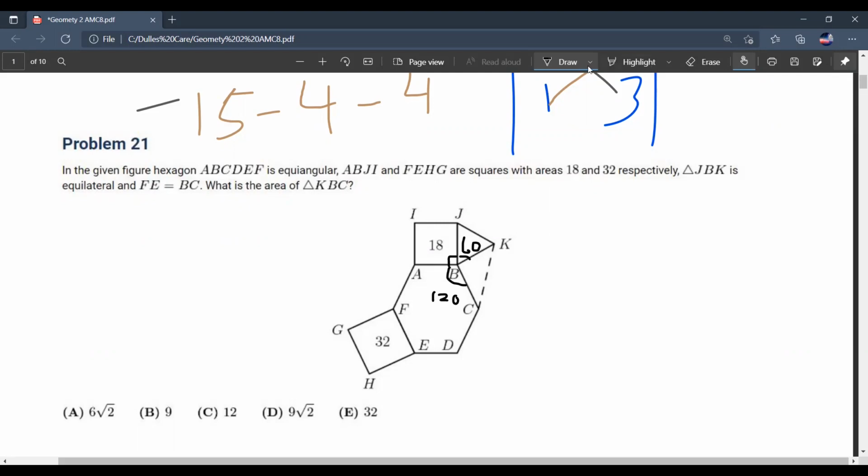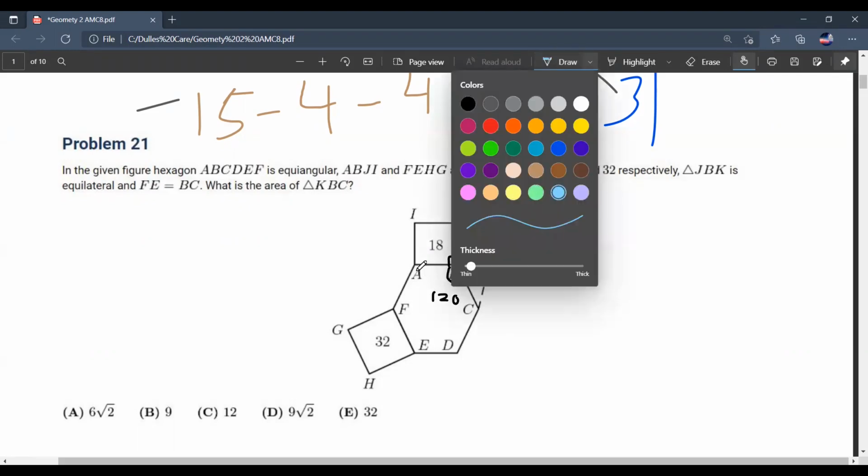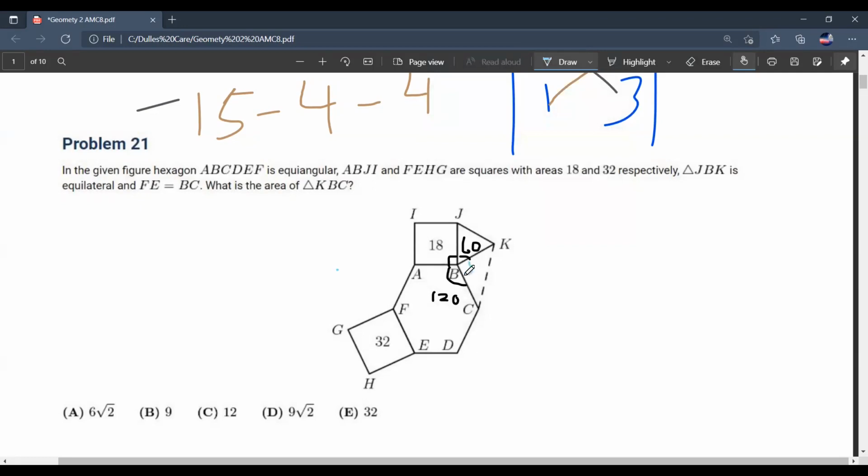Let me draw in a lighter color, light blue, why not. What is this angle in light blue? This angle is actually 90 degrees, so that's pretty nice. So we know KBC, the triangle that we want to find the area of, is a 90-degree triangle. So all we have to do is find KB and BC, and then we'll have the base and the height, and then we're done.